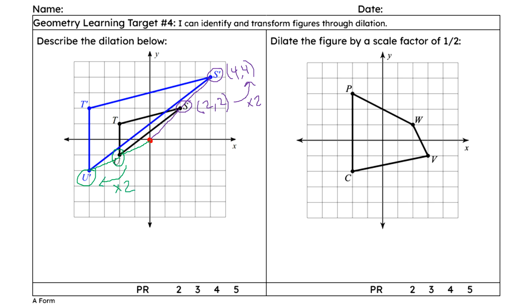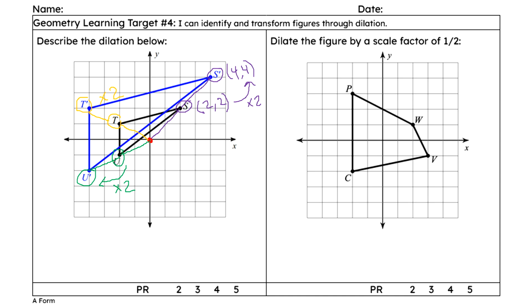And it should, hopefully, be the exact same thing for T to T prime. From the point of dilation, our origin, that's over 2 up 1, another over 2 up 1 to get to T prime. Again, all those coordinates are going to double as well.